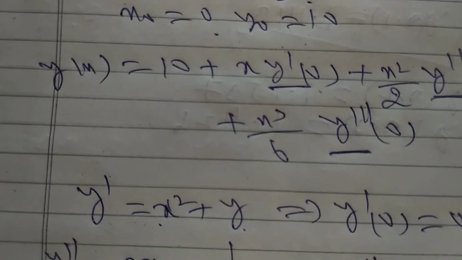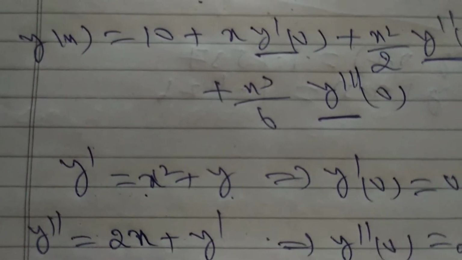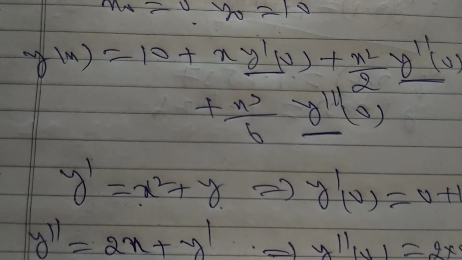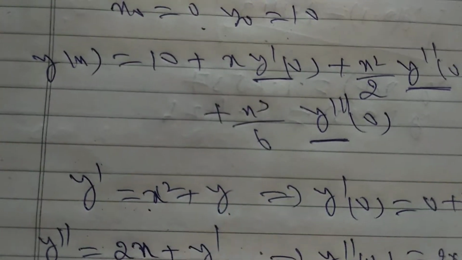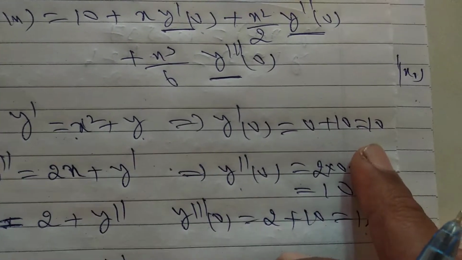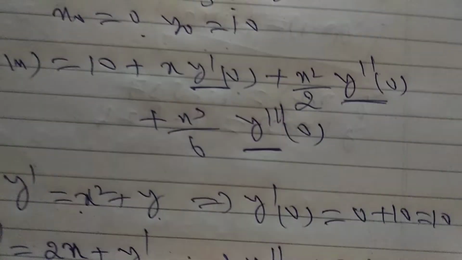So y of 0.1 is equal to 10 plus, at x is equal to 0.1, here you have to substitute x is equal to 0.1 into y dash of 0. What is the value of y dash of 0? That is 10.